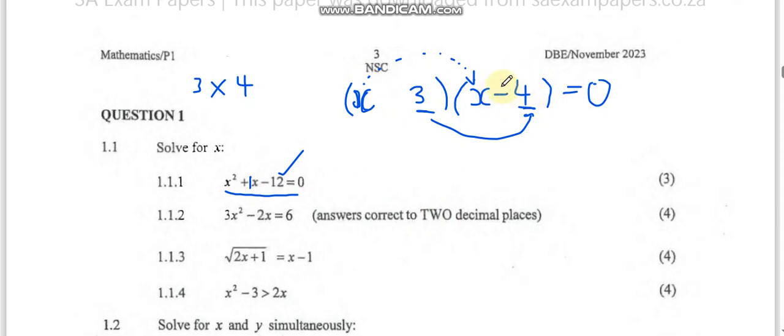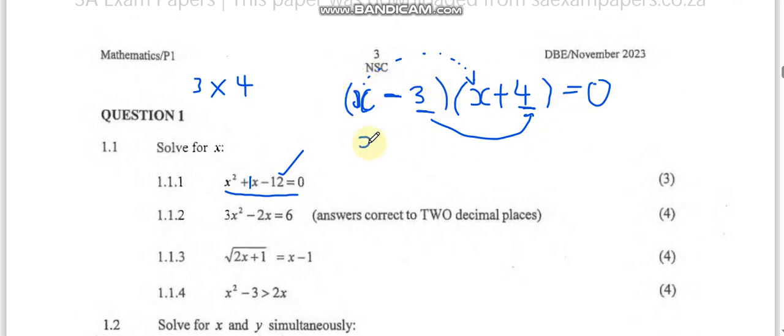So here we are going to have plus 4, and the smaller number will be negative. We're going to put negative here. And you can see that negative 3 multiplied by positive 4 gives us negative 12, meaning we have factorized it correctly.